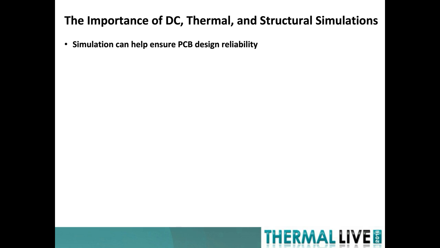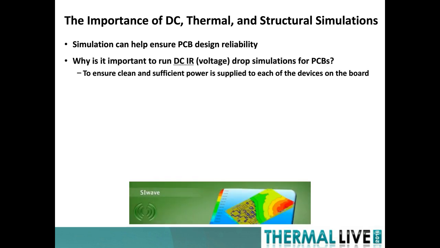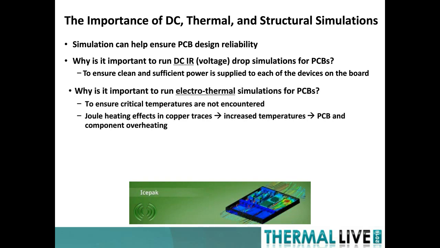It's important to run a DC voltage drop simulation for a printed circuit board to ensure clean and sufficient power is supplied to each of the devices on the board. It is also important to run an electrothermal simulation for a printed circuit board to ensure critical temperatures are not encountered.